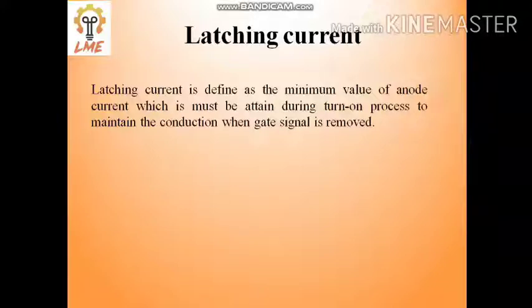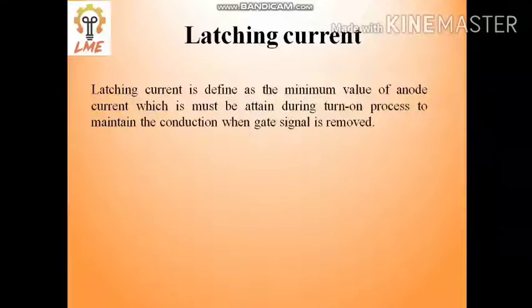Let's assume a practical value: the latching current is 10 ampere for a particular SCR. While triggering on by the gate signal in the turning on process, the anode current should reach more than 10 ampere. If the anode current is 9 ampere and conduction begins by applying the gate signal, and then we remove the gate signal while the anode current is still 9 ampere, then the SCR will turn off when the gate signal is removed.